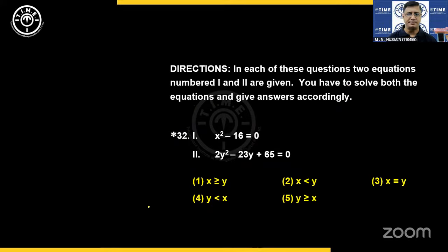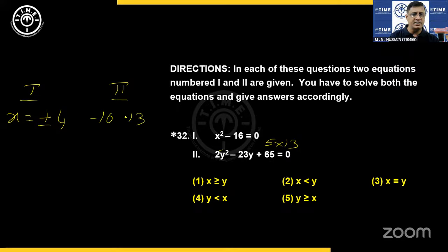Look at the next example. X square is equal to 16, means x is equal to plus or minus 4. Then what about the second equation? Here 65 means 5 into 13. 2 into 5 is 10, and 13. So minus 10, minus 13. By adding these two, we get 23. Now what about the roots?